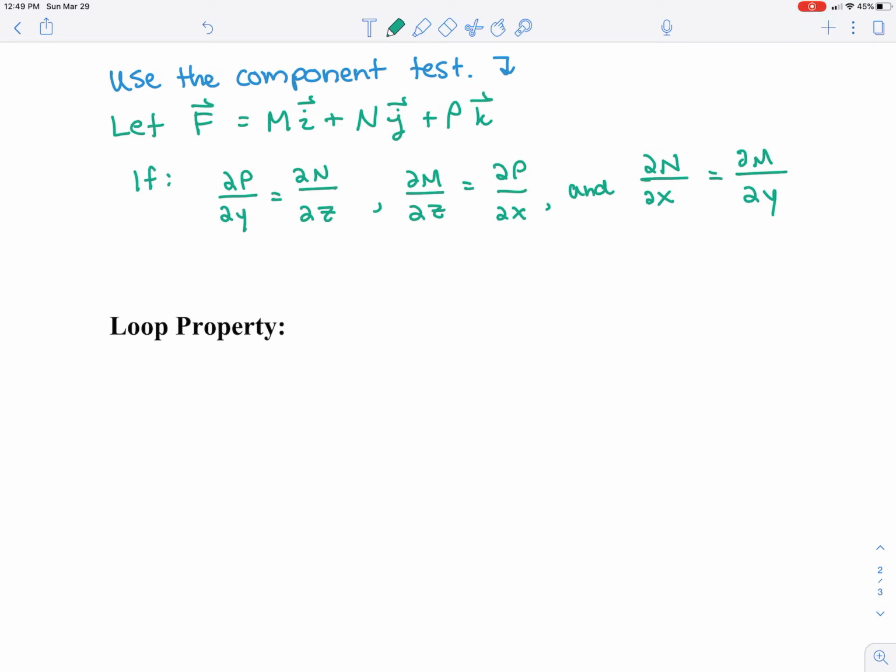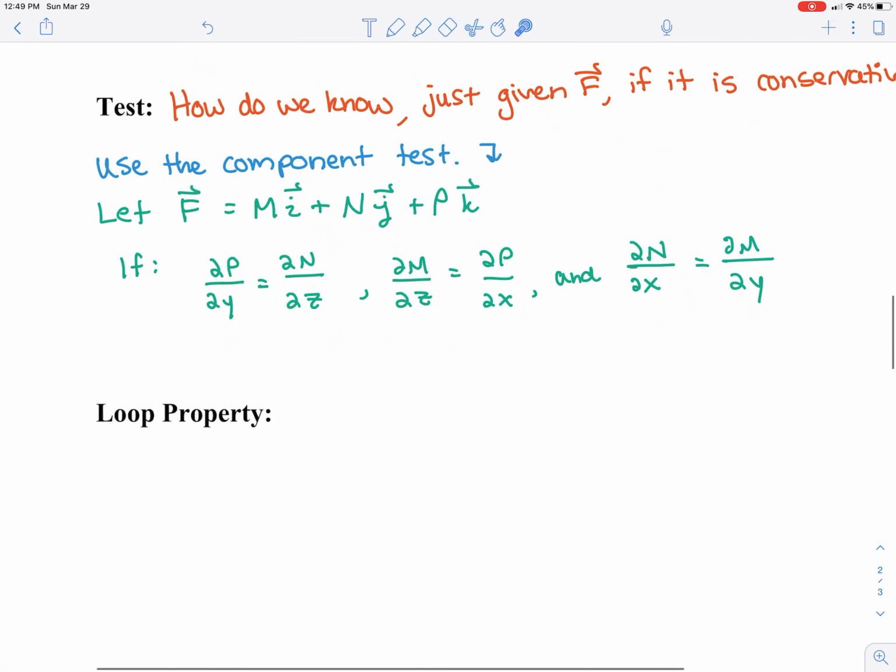If all of these are true, then we know it is a conservative vector field.